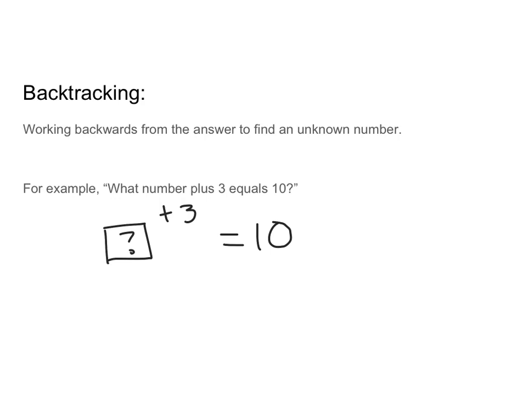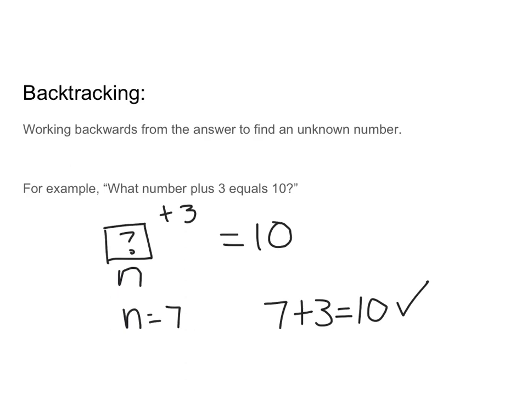Well, what number plus 3 equals 10? 7 plus 3 equals 10. So that means that my unknown number, or perhaps I might call it n, would equal 7. And I could check it by saying 7 plus 3 equals 10.